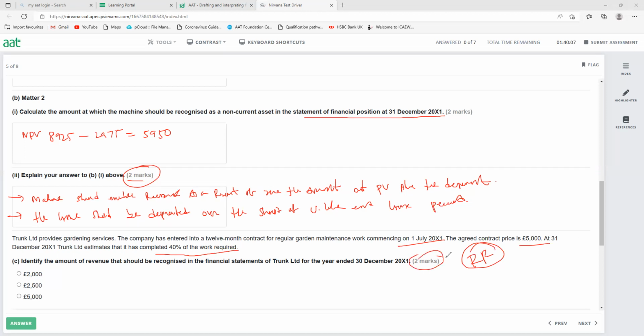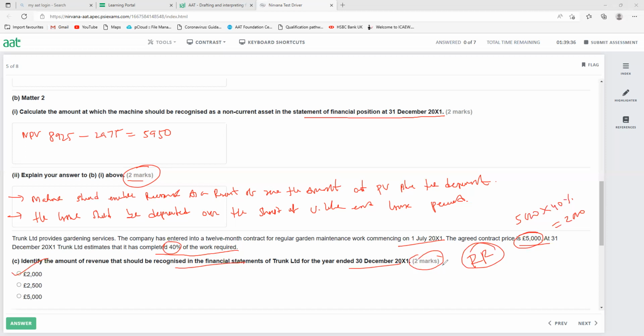For the calculation, it's not very difficult. So all you have to know, we cannot recognize all the price. We only need to recognize the income for the work that has been completed. Now we completed by this year only 40%. So from the 5,000, we need to calculate how much is 40% of that, and that is 2,000. So 2,000 I'm going to recognize in the financial statement for the year end 31 December 2011.